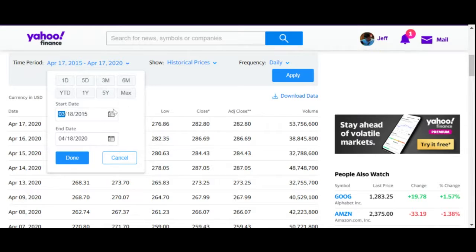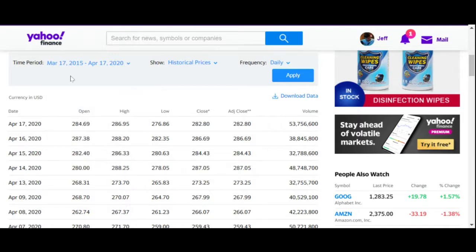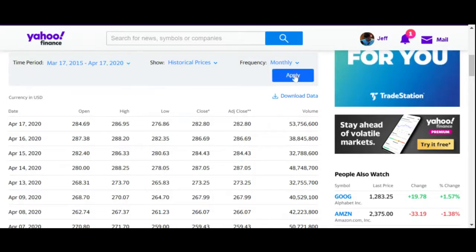We can start from March, that's fine. And click done. And we need monthly prices. Daily is too much fluctuation. So we'll select monthly and hit apply.